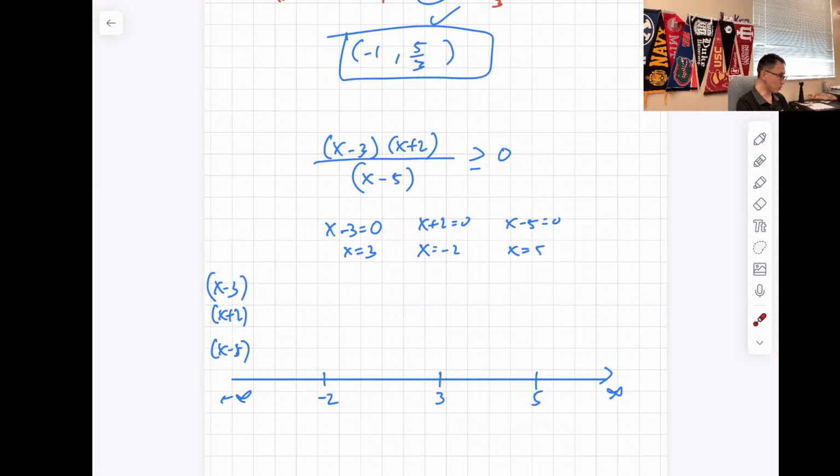I don't care about negative 6. I just care that it's negative. So I'm just going to plug in negative here. Negative 3 plus 2 is what? Negative 3 minus 5. So 3 negative signs multiplied together is going to be what? Negative, because negative times negative is positive, and times one more negative is going to give you negative. So now between negative 2 and 3, what sign is it going to be?